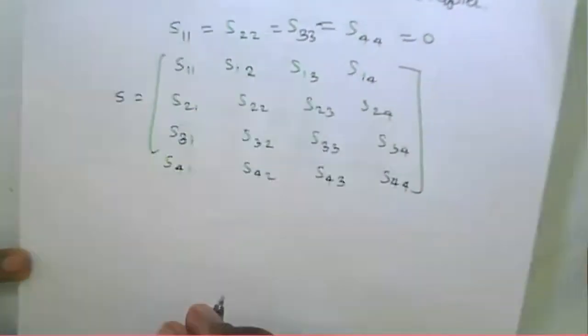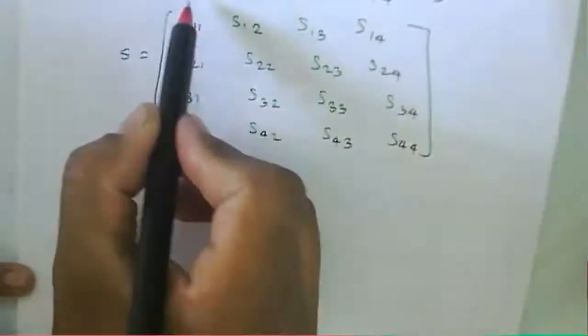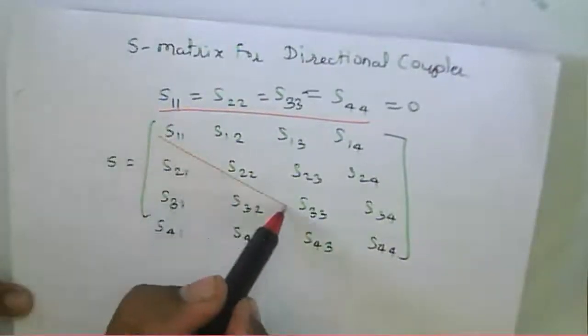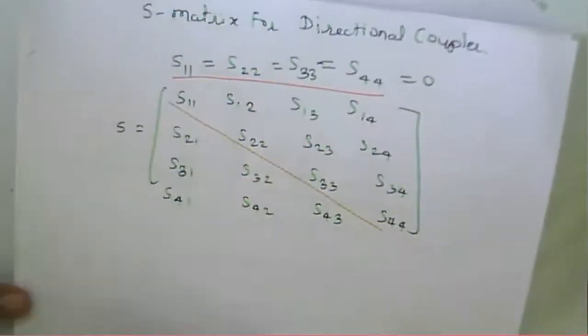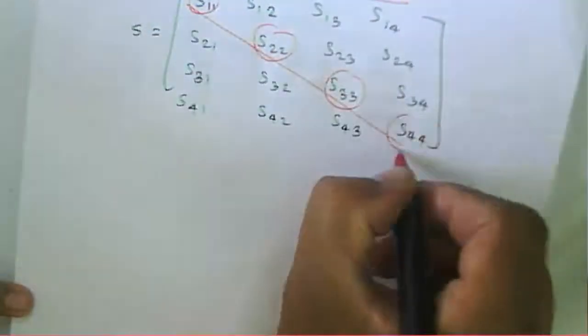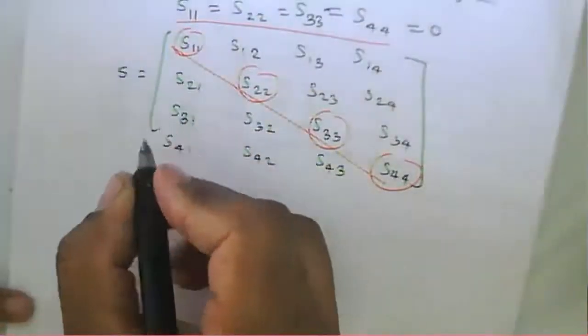Now this is your matrix. If you consider the matching condition, all the diagonal elements are 0. These components are 0, and you can consider that all of these components are 0.